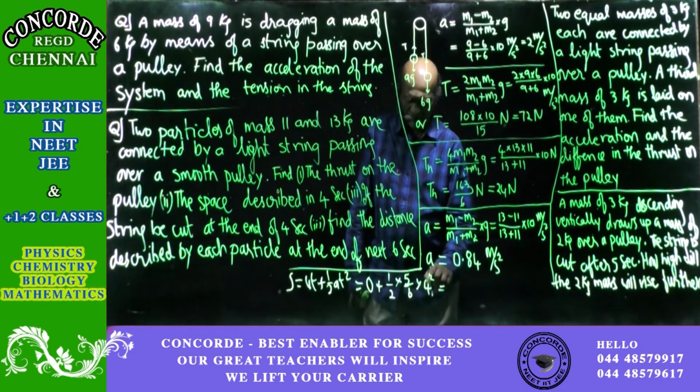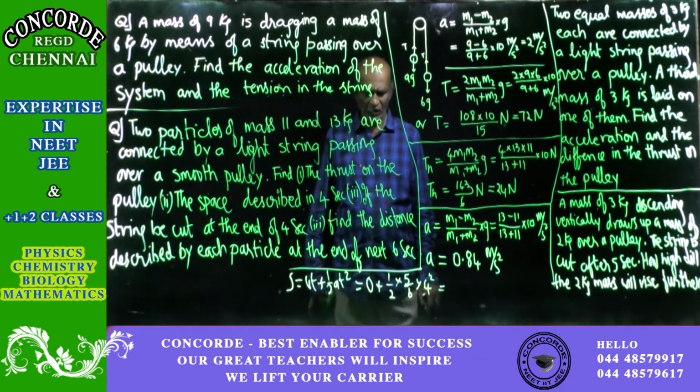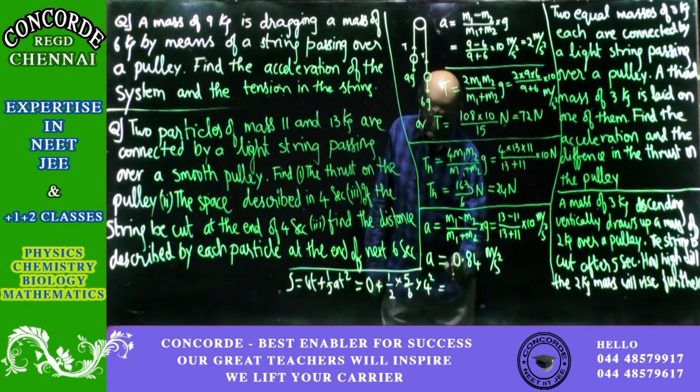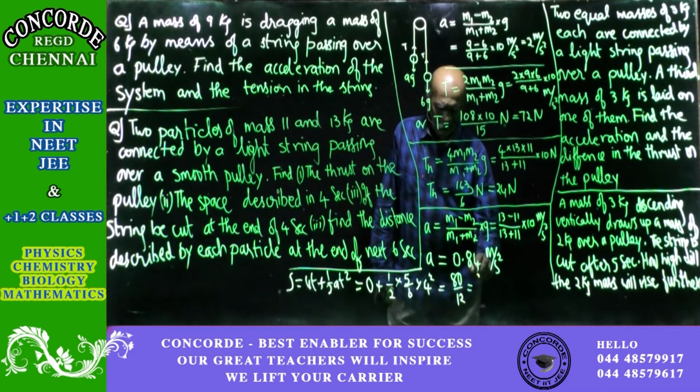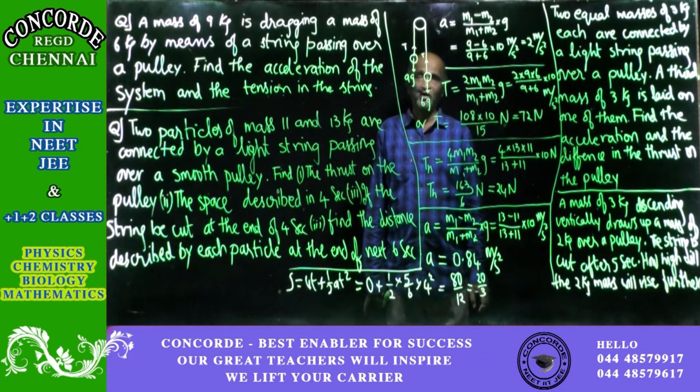So this will be equal to 4 square is 16, and 5 into 16 will be 80. 6 into 2 is 12. So that will be 80 by 12. And both can be divided by 4. So it will become 20 by 3. See how easy it is to calculate if you do all this. You can do it in your mind, but also write and check up.